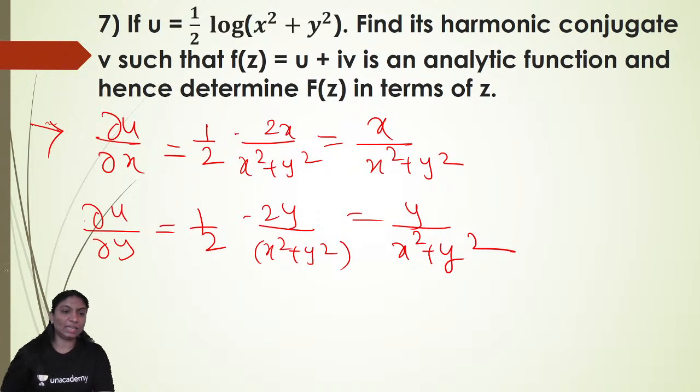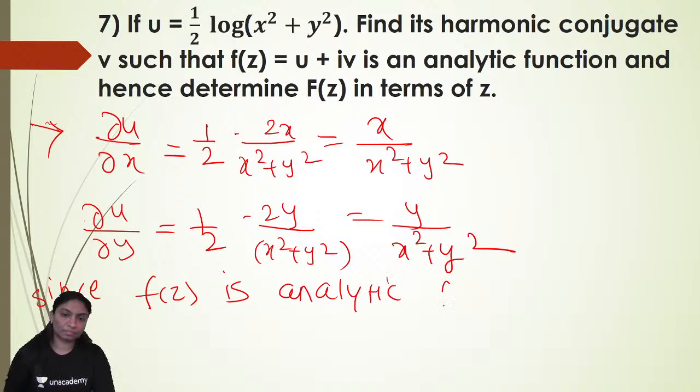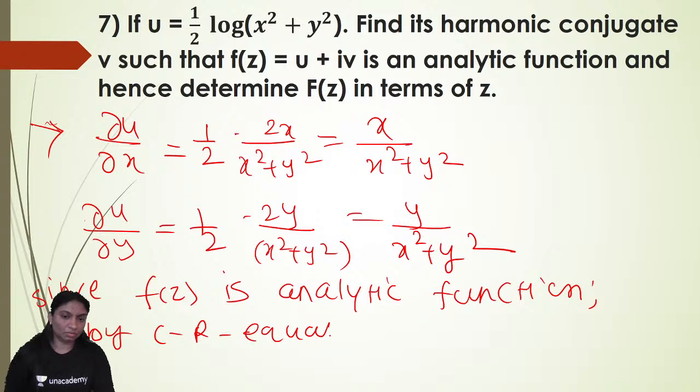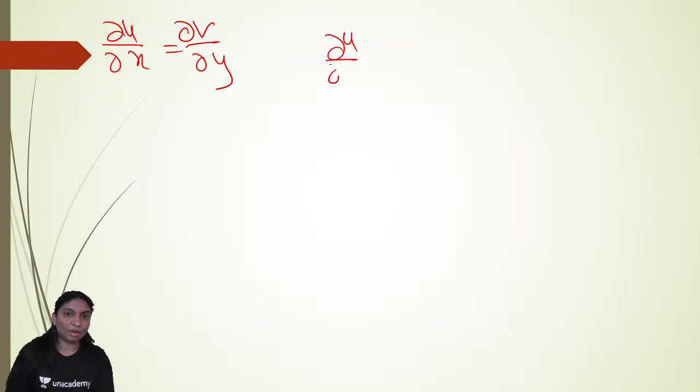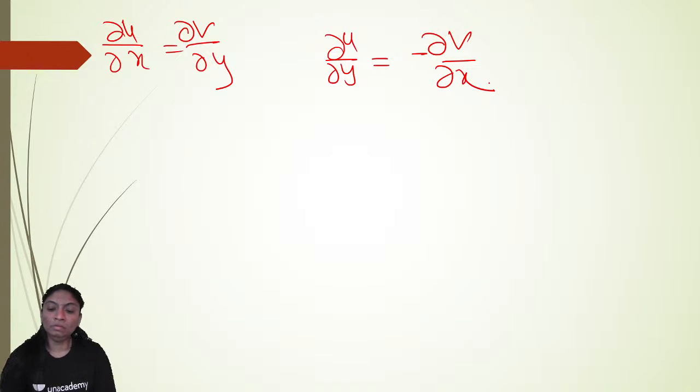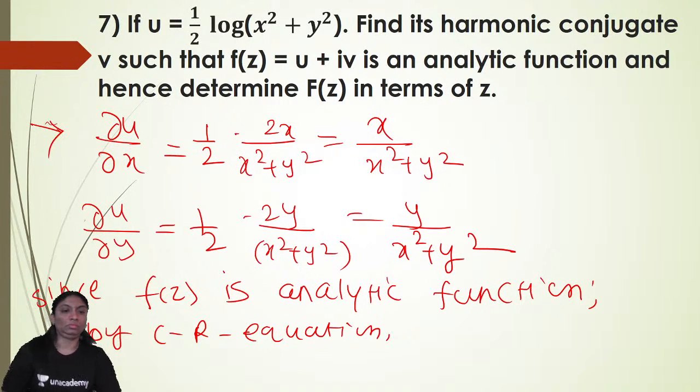Since f(z) is an analytic function, then by the CR equations, we get ∂u/∂x is equal to ∂v/∂y, and ∂u/∂y is equal to minus ∂v/∂x.